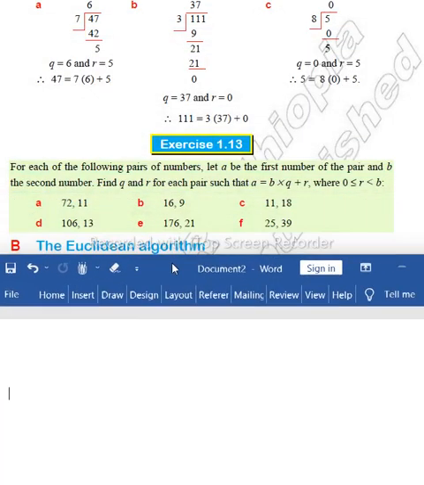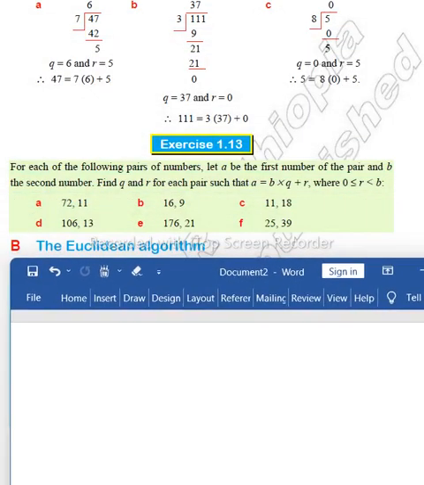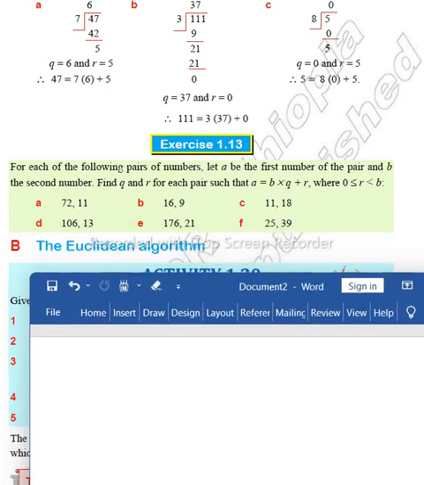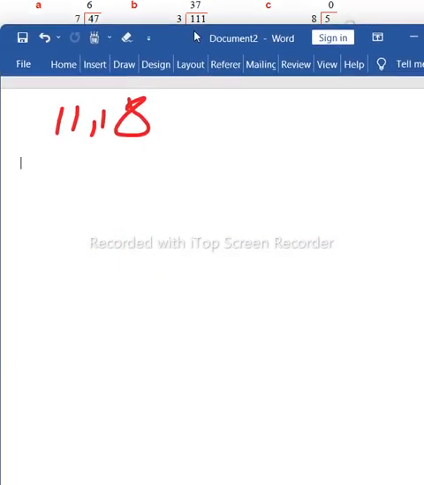So let us see the question first. Let us do B. The question under B says that A is 11, B is 18. So this is more difficult than the first question.